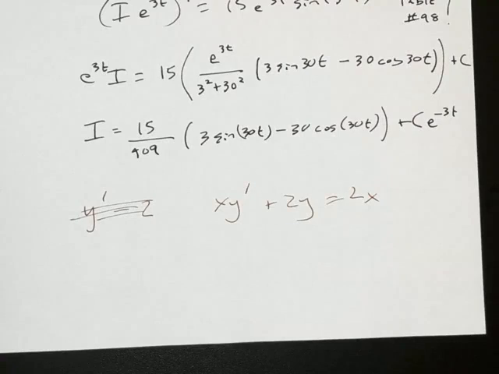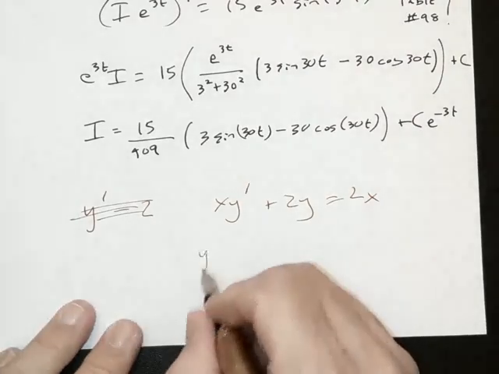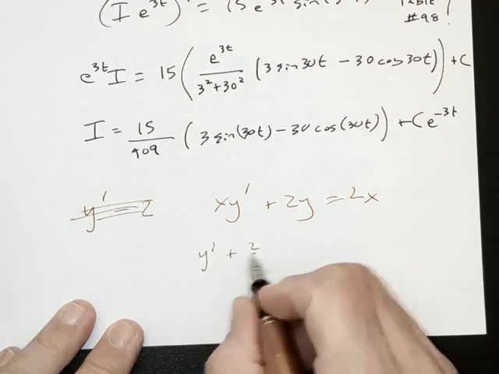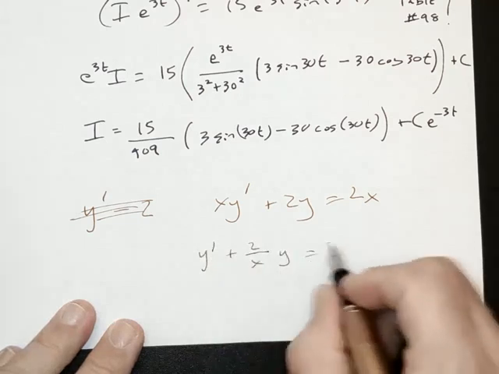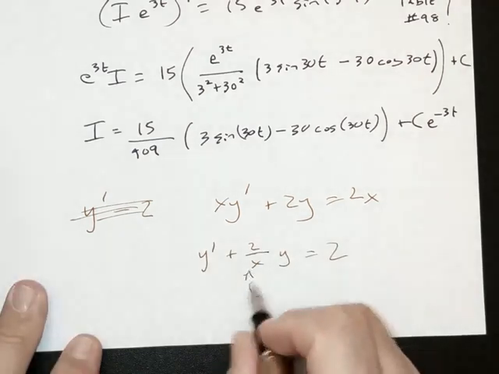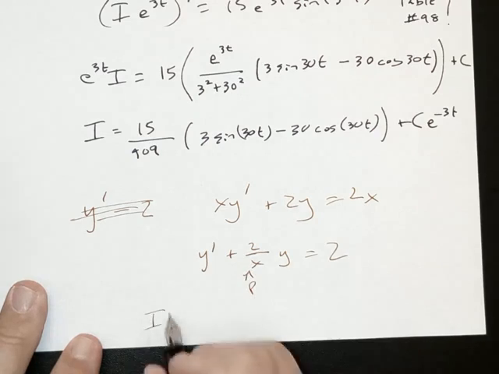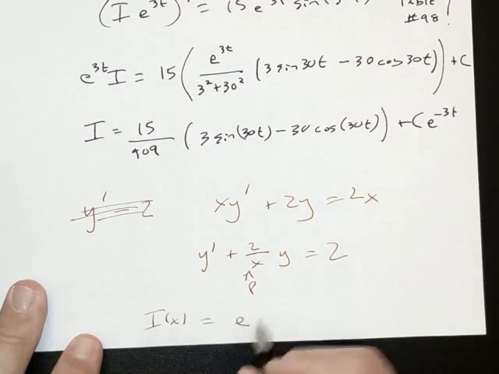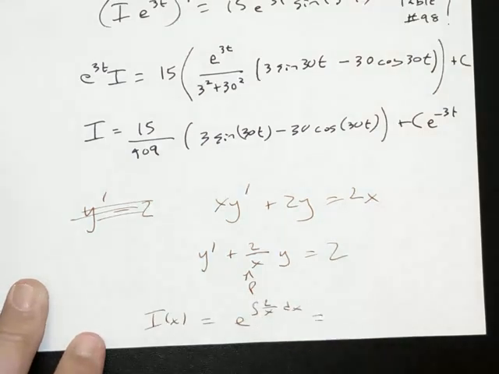Divide everything by x. I must first divide everything by x to make it look like a linear equation. I make p of x 2 divided by x, and q of x equals 2. So my integrating factor is e to the integral 2 over x dx.